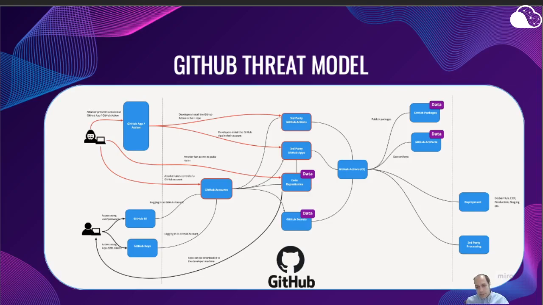For GitHub Actions, we have the availability that are tied to these third-party actions. You have different risks here that you need to take into account. And based on what you're using, you should be aware of those risks and adopt best practices.